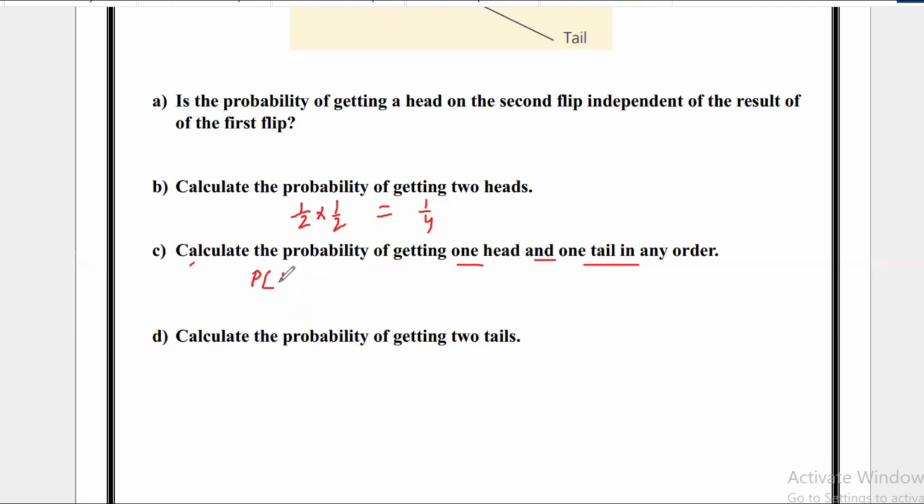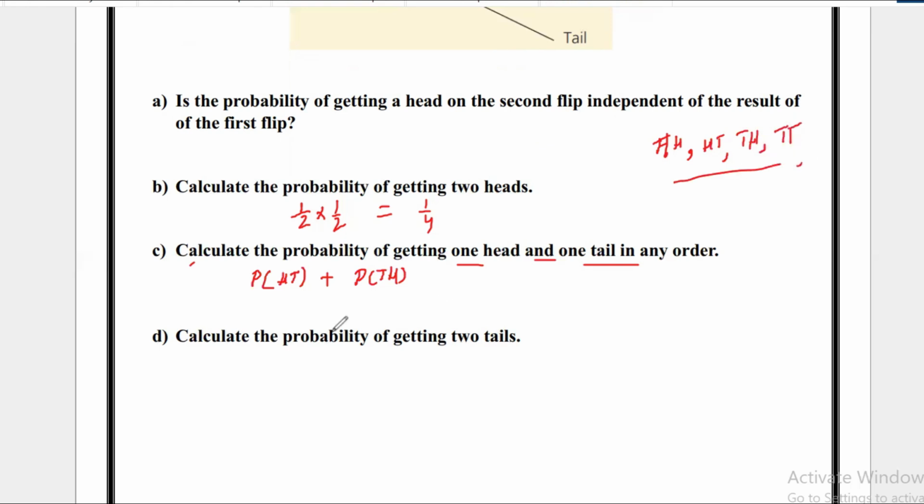It can be probability of head tail or probability of tail head. These are the two possibilities, because when you flip a coin twice, you have four outcomes: head head, head tail, tail head, or tail tail.